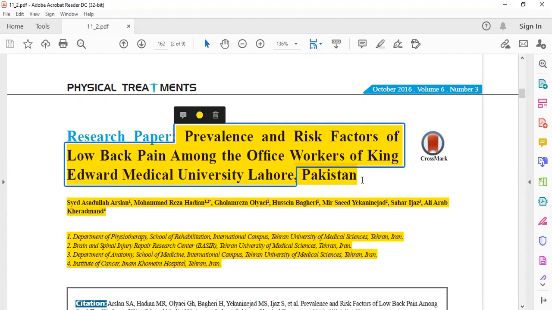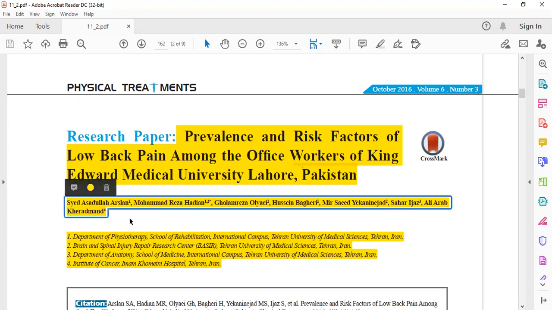First of all, there will be the title of the research paper. After the title, there will be the list of authors. In this box, the list of authors is given, such as Sayyid Asadullah Arslan and all the other scientists or writers and persons who collaborated or participated in this research.